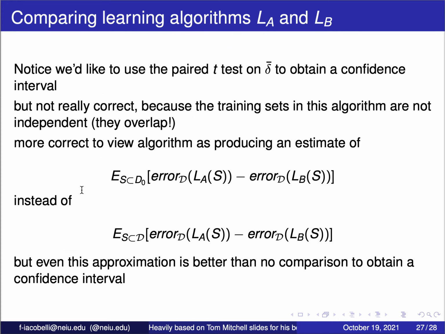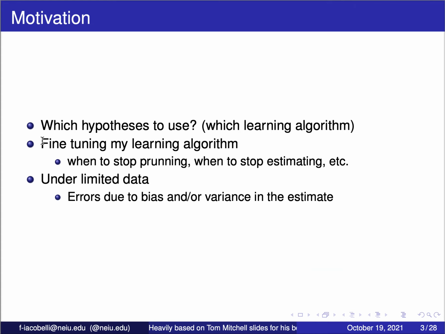Now, sure, for many of the learners we're training every time on everything but one partition, so our training has a lot of overlap. So it's not perfect. But this approximation is better than no comparison at all, and our data is limited. Remember what we said at the beginning: we need to fine-tune our learning algorithm, and we do that by training it multiple times.